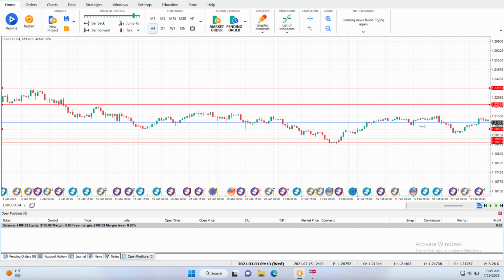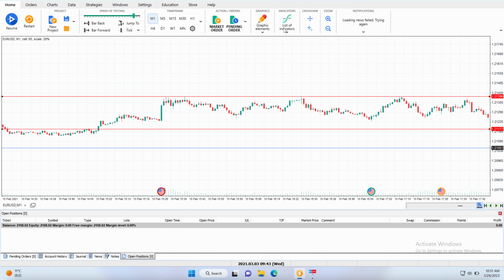And I could do the same thing on the 1 minute as what's going on in the larger time frames. So for this one, for example, it's going on down, it's going on up. It's doing the same thing that we were just looking at on the 4-hour. But the difference is it's moving at a much faster rate.